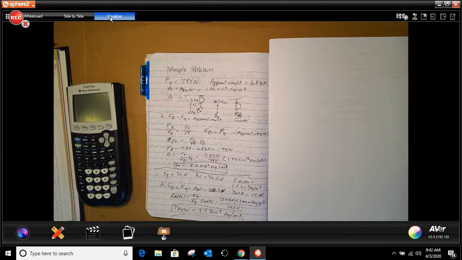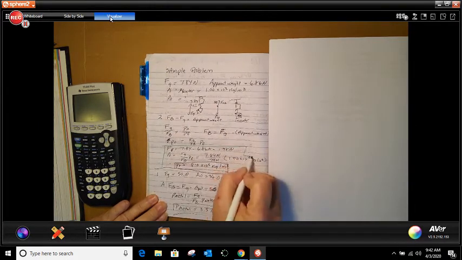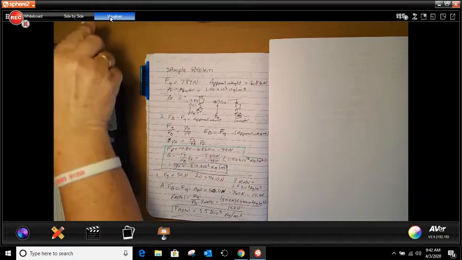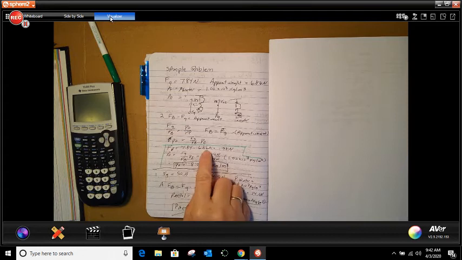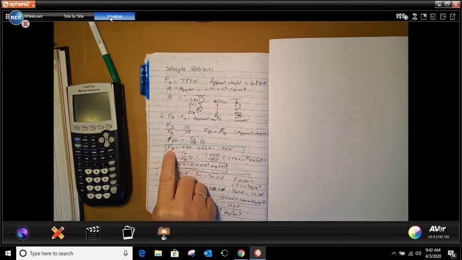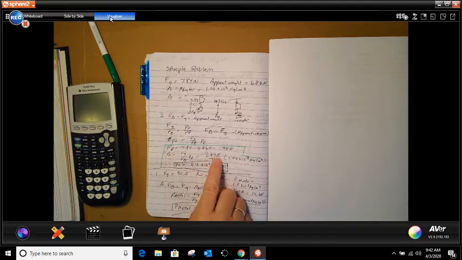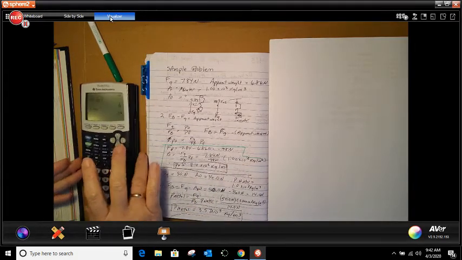So what we're doing is taking our 7.84 and subtracting our 6.86, and we're getting 0.98 newtons. That is going to tell us our buoyancy force. Then we're going to take our 7.84 divided by our 0.98 times the 1.0 times 10 to the power.